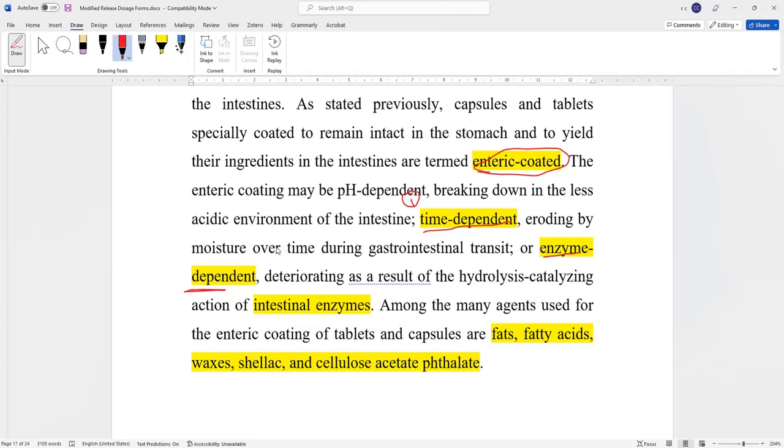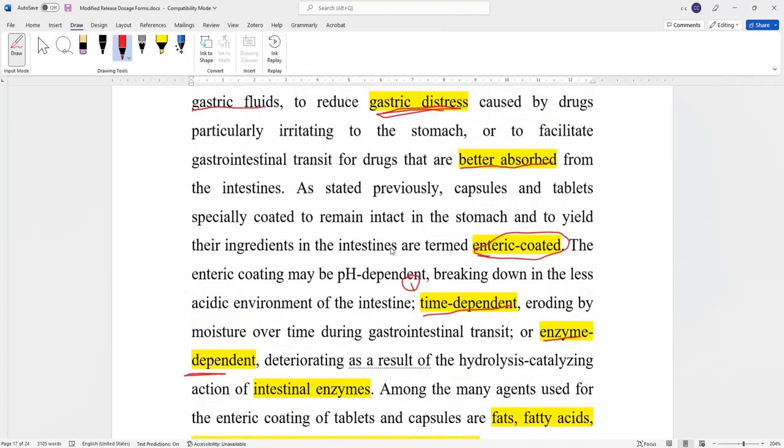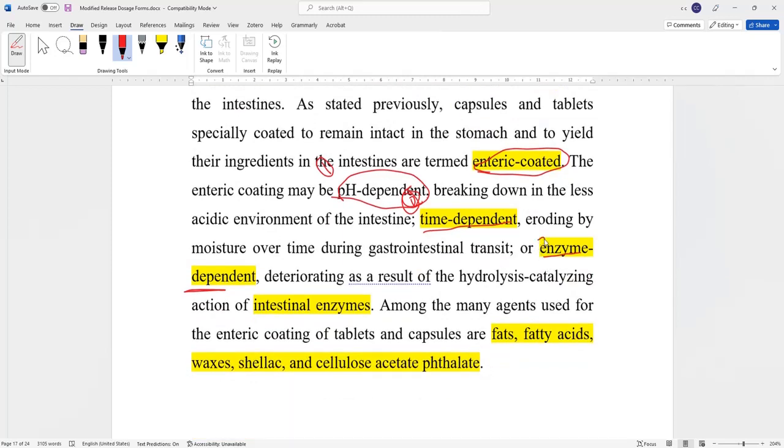Where is the pH dependent? Okay, or pH dependent. Here it's pH dependent. This is one. Is an 1 pH dependent, 2 time dependent, and 3 enzyme dependent.